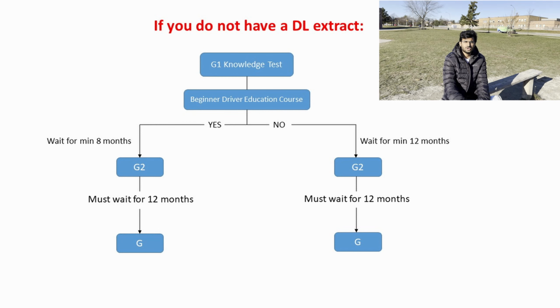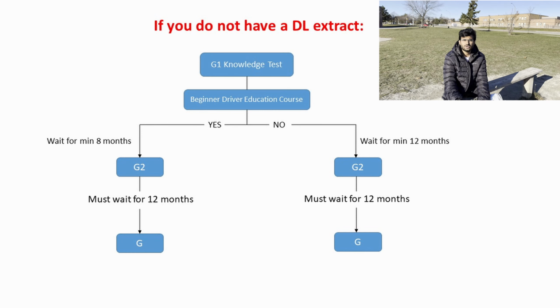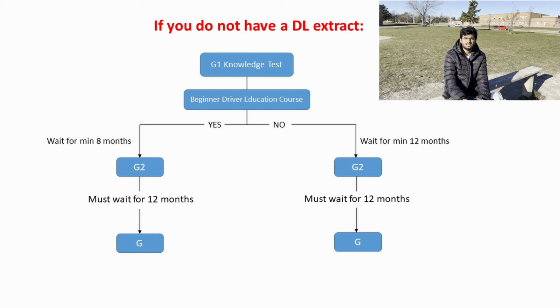Once you have cleared your G2 drive test, be it after 8 months or 12 months, depending upon you having the certificate or not, the standard wait time for appearing for the G class license drive test is about 12 months, no matter if you have the certificate or you do not. So that's the standard waiting time, a minimum of 12 months to appear for the G class license test.